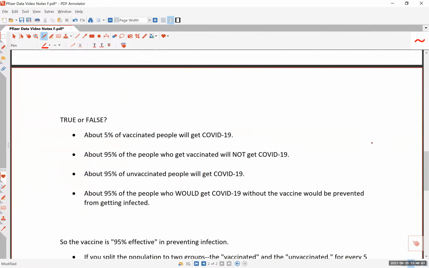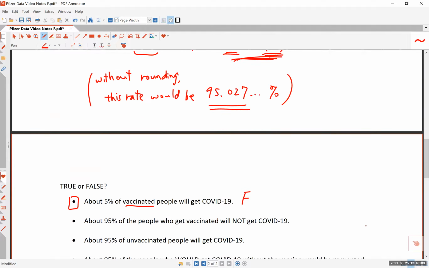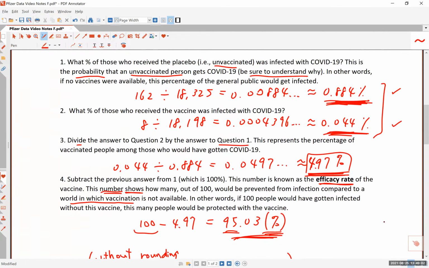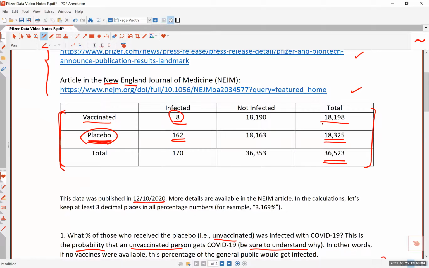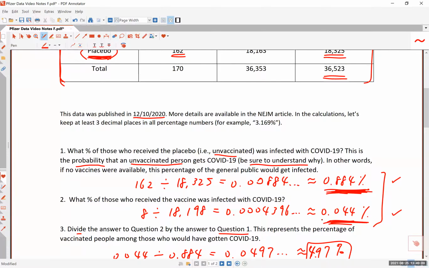All right, true or false? About 5% of all vaccinated people will get COVID-19. Okay, this is something I hear quite a bit, like because the efficacy rate is 95%, does it mean that 5% of the vaccinated people still get COVID-19? And the answer is very false, okay? We know that already, that among the vaccinated, 8 out of 18,198 people, which turns out to be less than 0.05%.